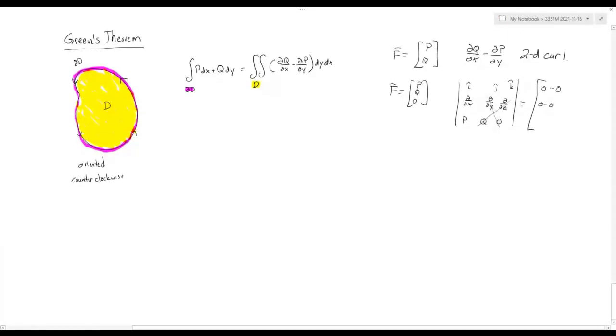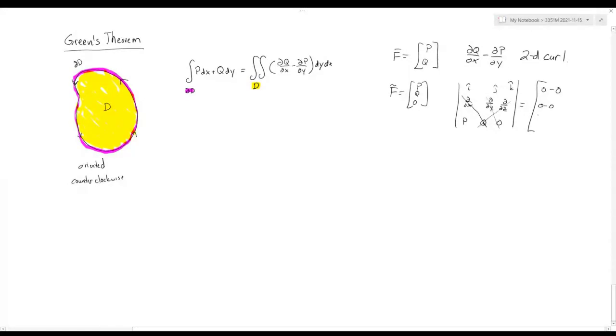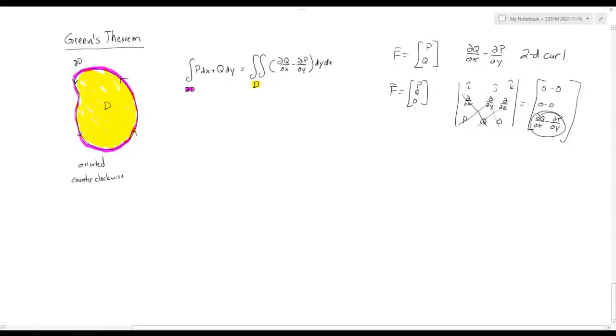Likewise, the second component is 0, but the third component would be the derivative of q with respect to x minus the derivative of p with respect to y. And so this thing is what we see in Green's theorem, and that's why it's called the curl, because it's just a special case of finding the curl of a vector in R3. We can also call it curl because of differential forms, but that's for another day.